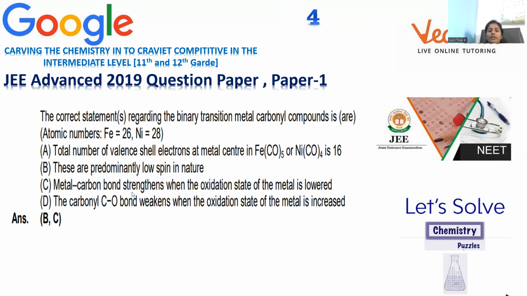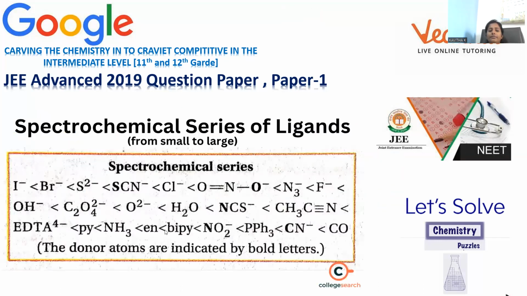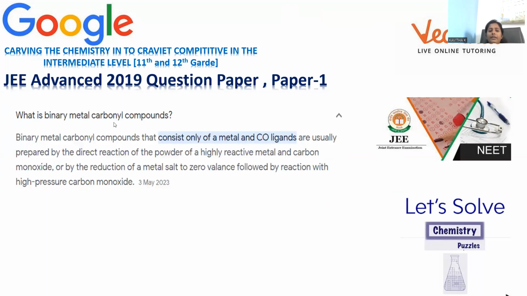Let's see how we can explain this. First of all, they are talking about binary transition metal carbonyls. A binary metal carbonyl compound consists only of metal and carbonyl ligand, usually prepared by direct reaction. Binary means binding of the metal with the carbonyl.